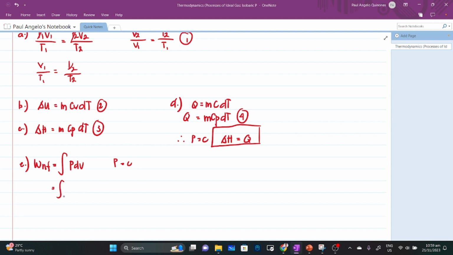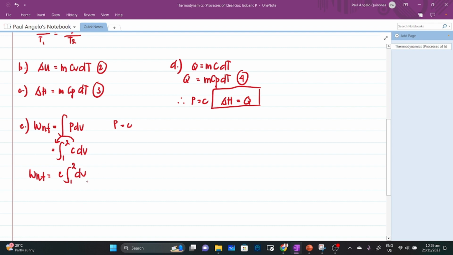We will have, from point 1 to point 2, C dV. If we have a constant inside our integral sign, we take it outside. We have C times the integral of dV from point 1 to point 2.